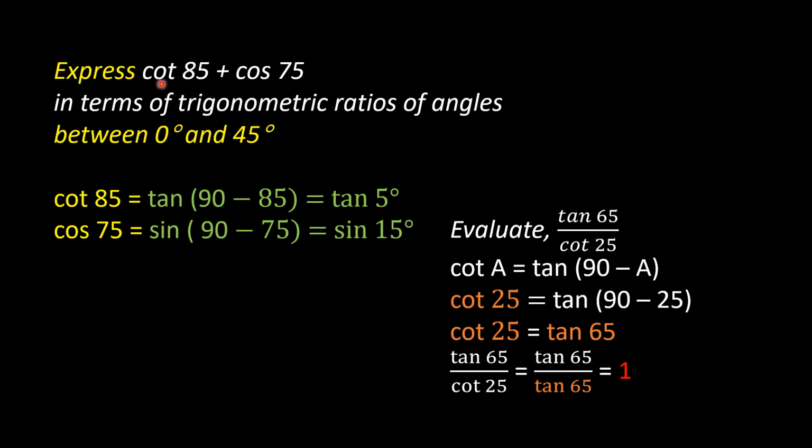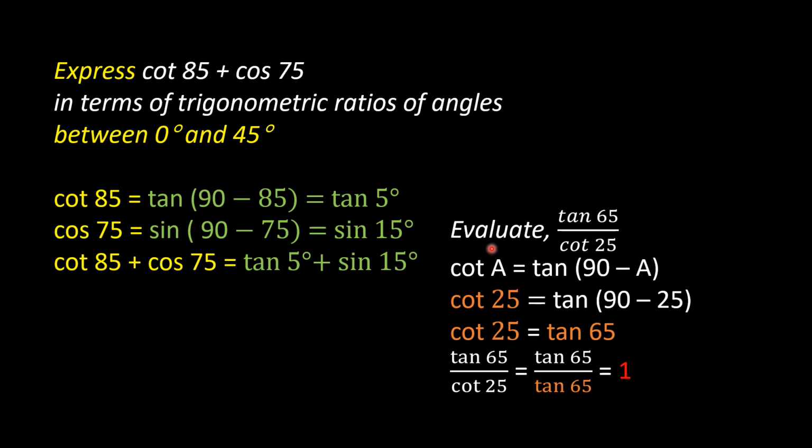Now we write the expression and substitute the values: tan 5 for cot 85 and sin 15 for cos 75. So this is our expression in terms of angles between 0 and 45 degrees.